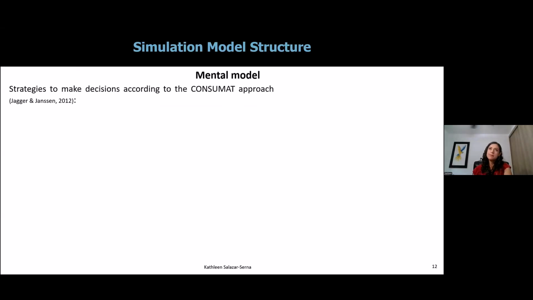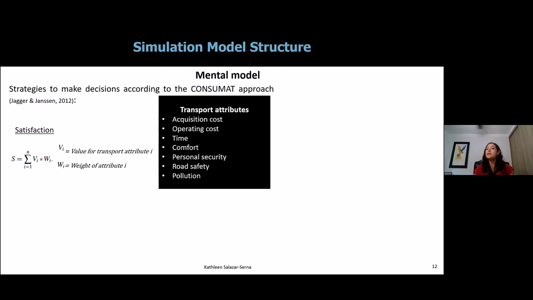Now, this mental model is applying the consumer approach, which is a framework that integrates different consumer behavior theories that was proposed by Jaeger and Jensen in 2012. And they say that people can follow different strategies to make decisions, and they evaluate the decision based on the satisfaction with the current alternative.